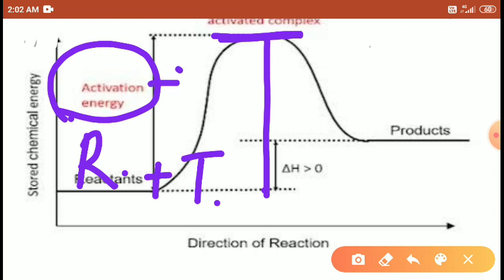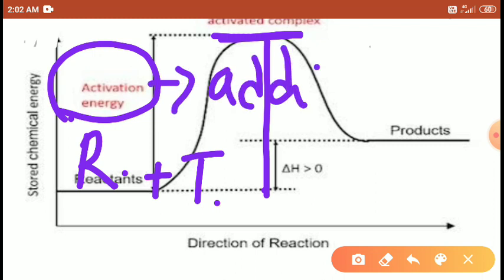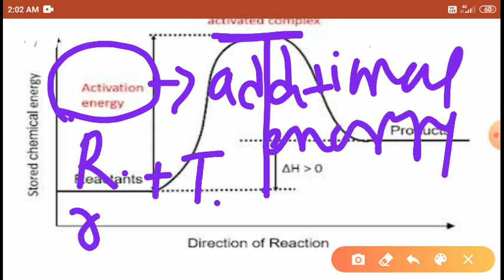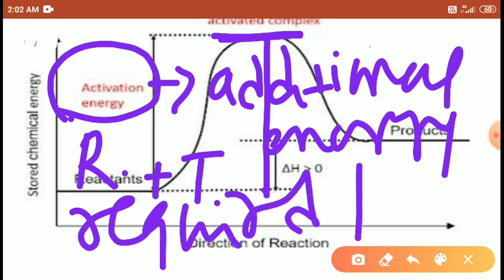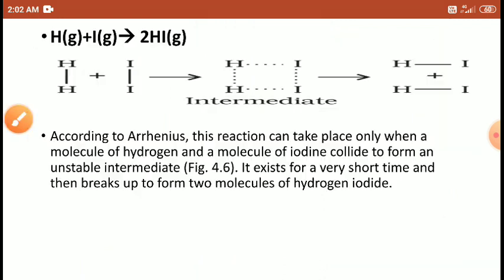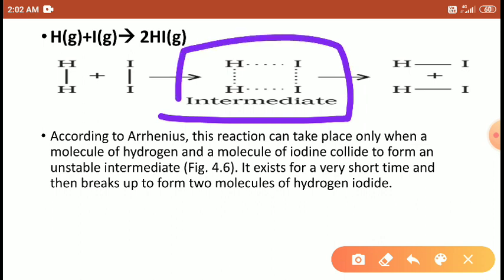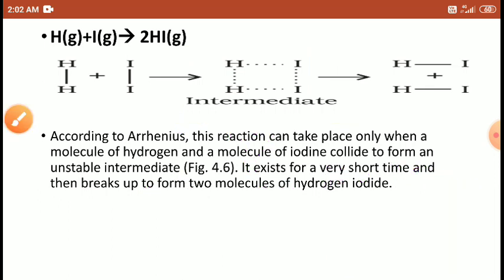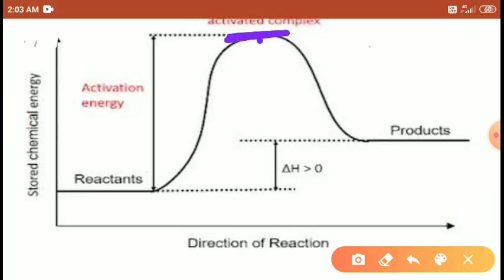Activation energy is the additional energy required for the reactant to reach the activated complex state, which is also called the transition state. We already saw that this is the intermediate state, also called the transition state, or activated complex.